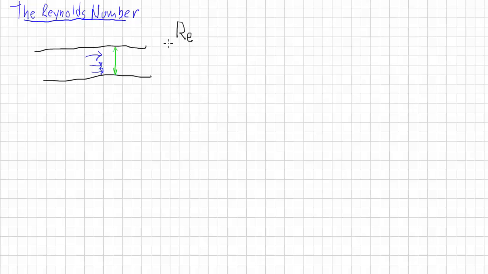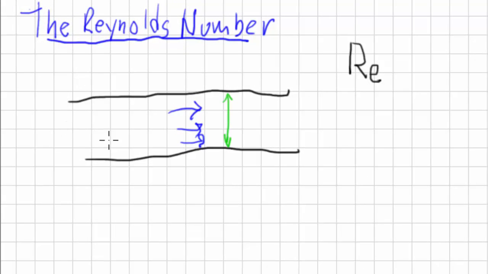So the Reynolds number is actually a ratio between two forces. There are the inertial forces of the water, and then there are the forces of the things it's trying to go through. In this case, it's the pipe.